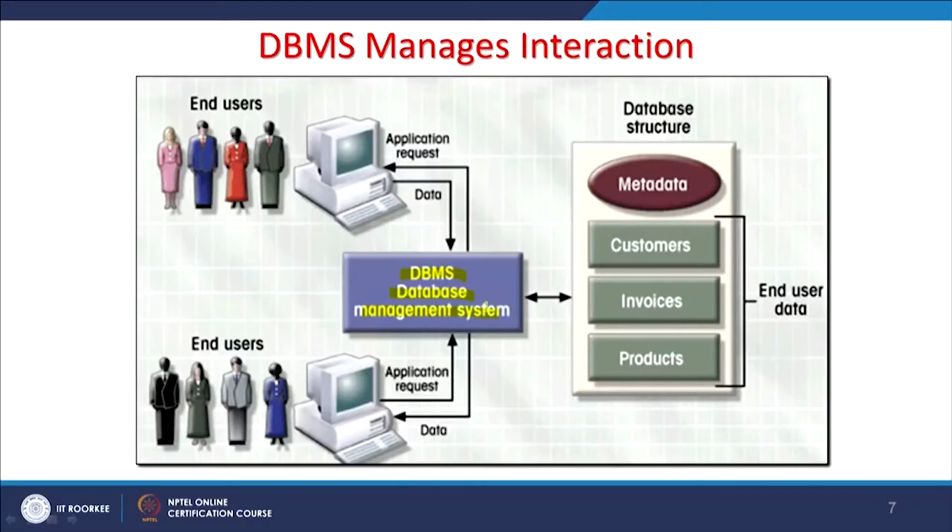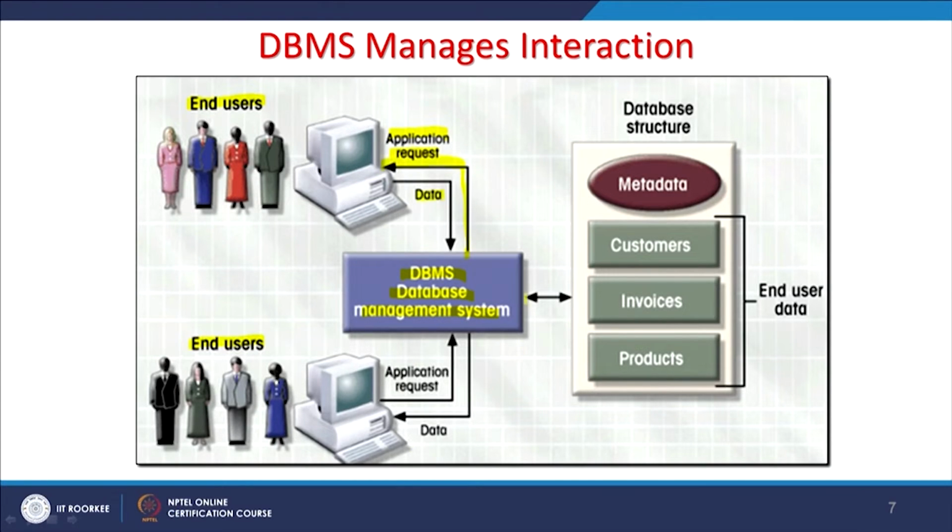Now, when we discuss a database management system, we find that there will always be end users, maybe at different ends, and they will have some way to interact with the database management system. So, there are application requests, and then there is a flow of data in two directions.